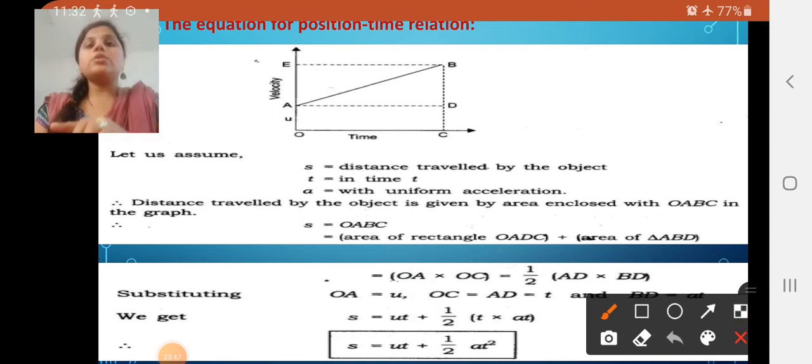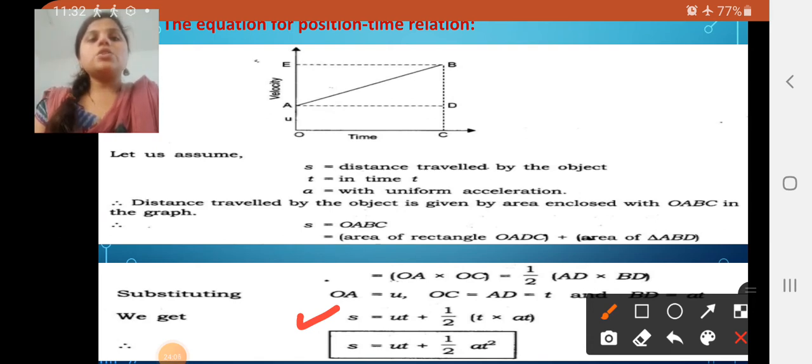This is related to the last equation. Just turn your page and check. Substitute the values, there is no confusion. So what is the OA? OA is equal to U, so S equals UT.